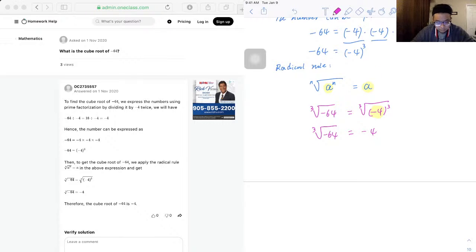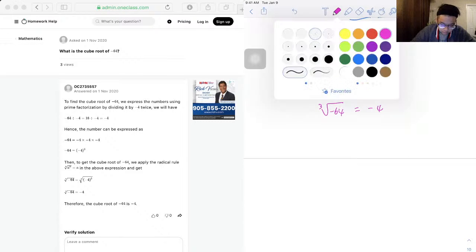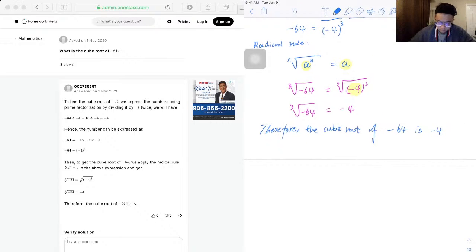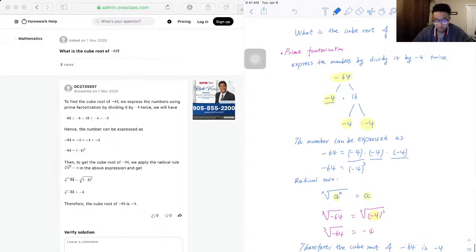Now we can write our conclusion. Therefore, the cube root of negative 64 is negative 4. That's all we got for this question.